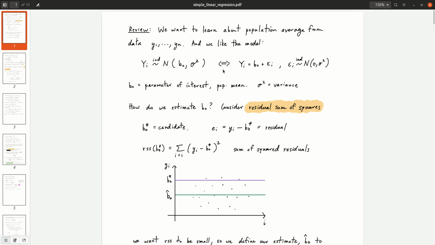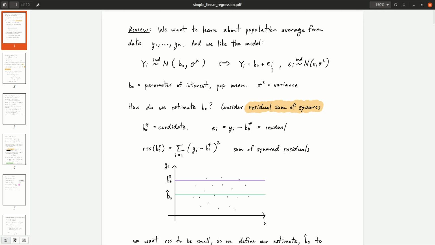So an equivalent way of writing down this model is to say that yi equals b0 plus epsilon i, where the epsilon i's are independent normal, mean 0, with the same variance sigma squared. What I mean by that is if you take this formula, you can deduce that y has a normal distribution because it's a non-random number plus a normal distribution.